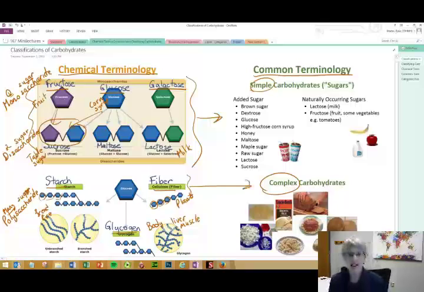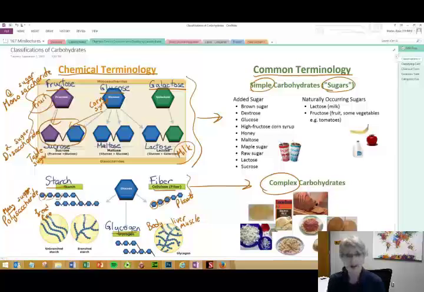It would be nice if we could just stop there. But the problem is too often those simple carbohydrates are collectively called sugars. And it is common to believe that all sugars are unhealthy, yet no one believes that fruits and milk, which we find from the simple mono and disaccharides, are unhealthy.